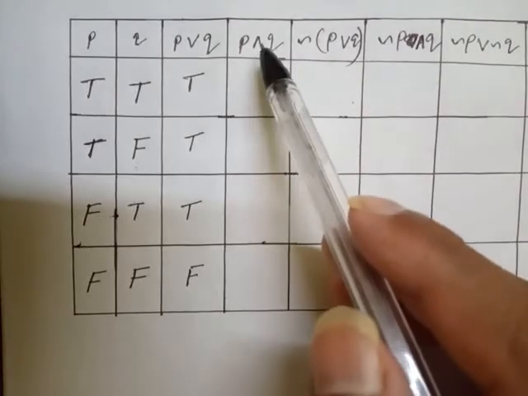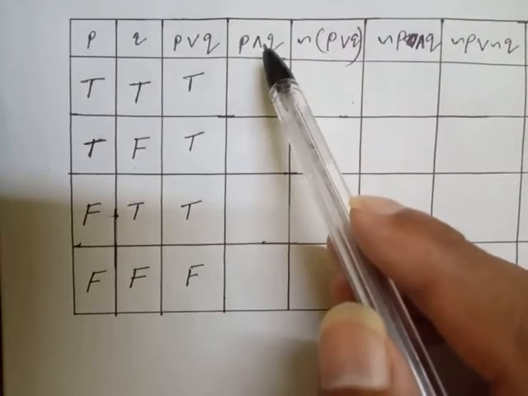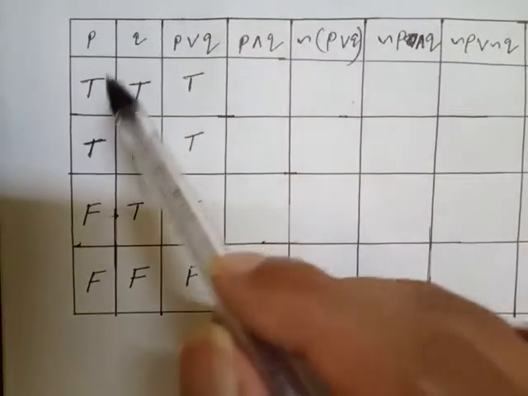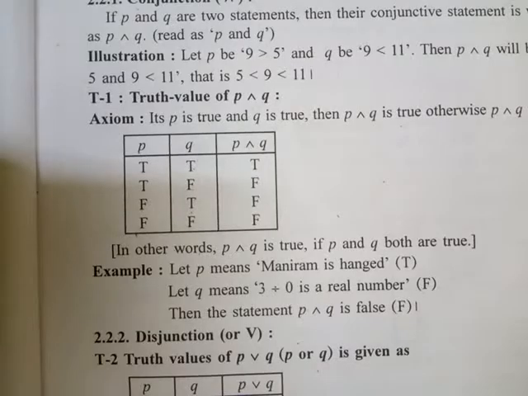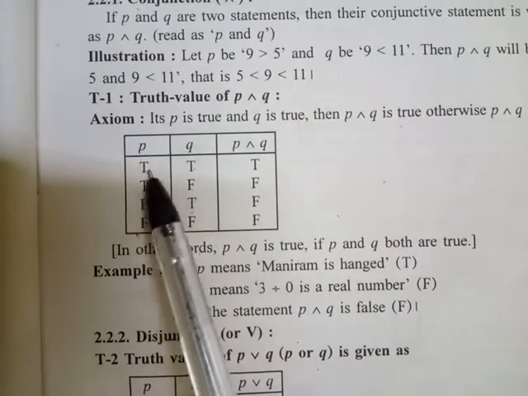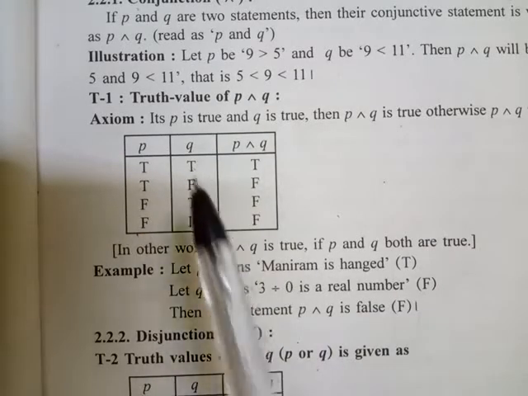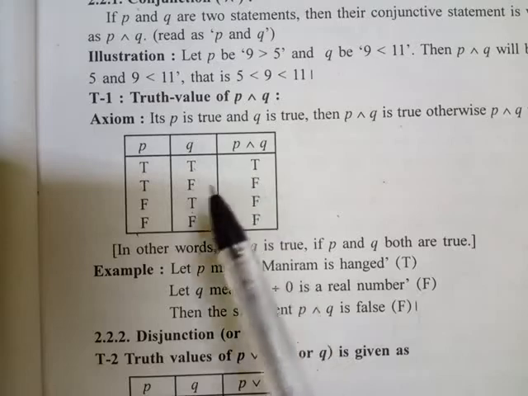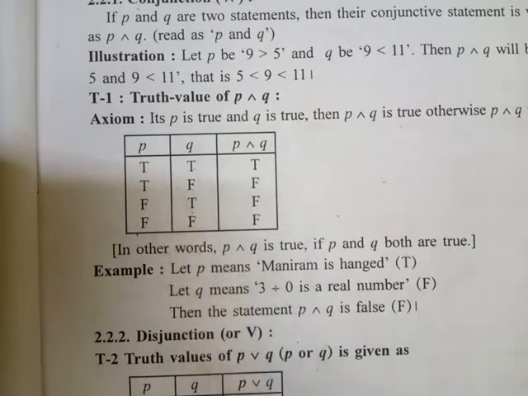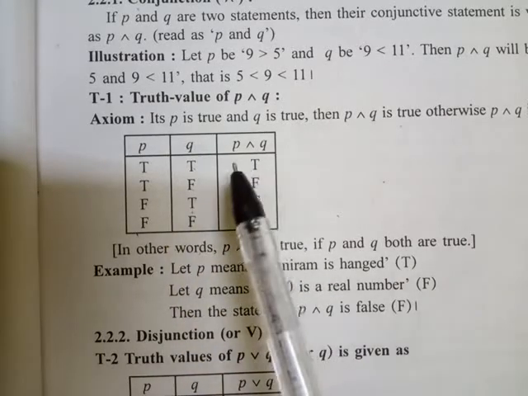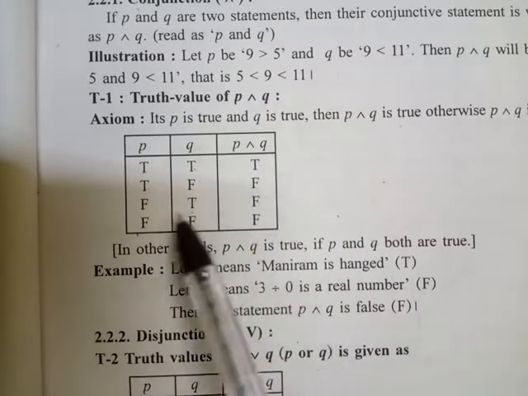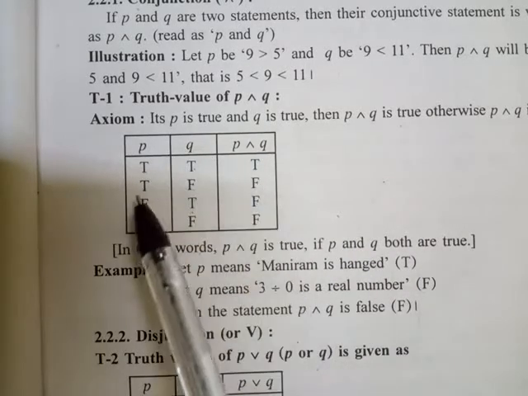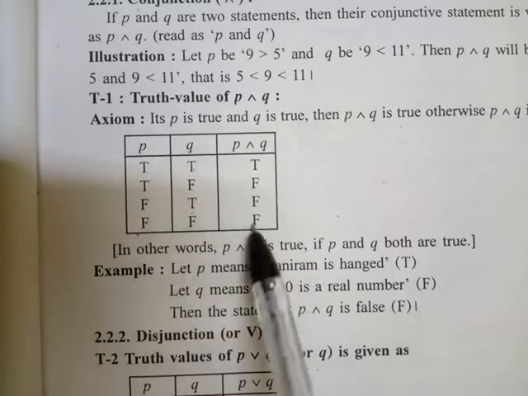Now this is conjunction. Now look how to solve this conjunction depending on these two statements only. Look, this is conjunction p and q, true true false false and true false true false. This is the given condition. Now depending on p conjunction q, the first one is true true true, then true false false, false true false, false false false.